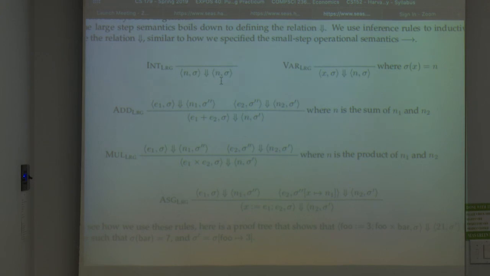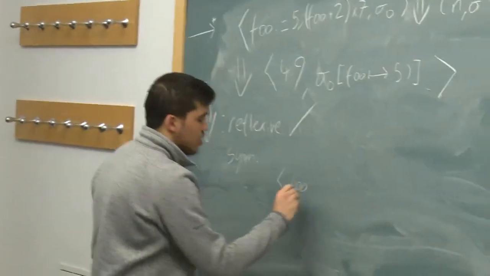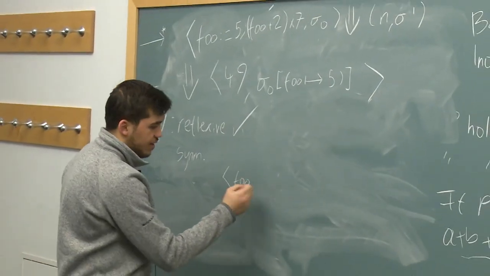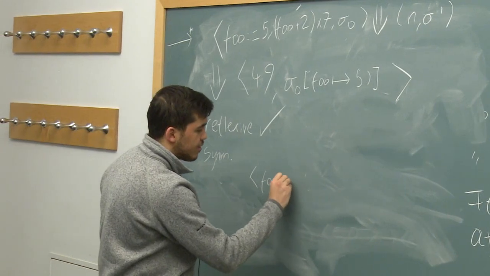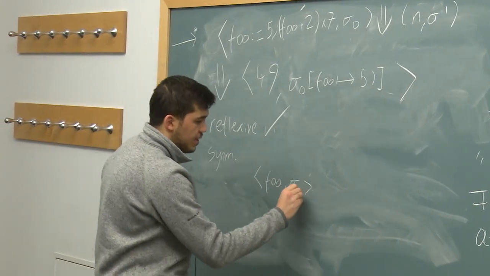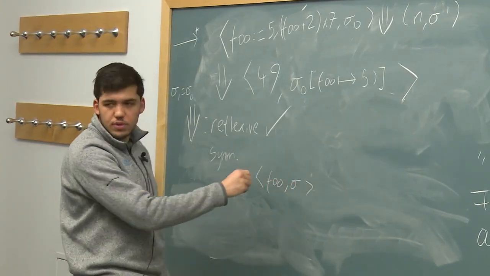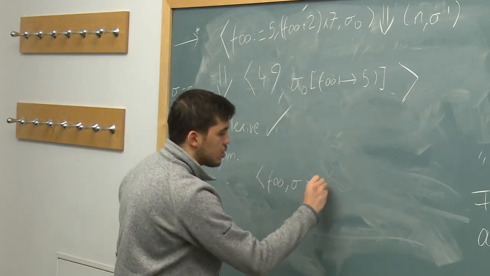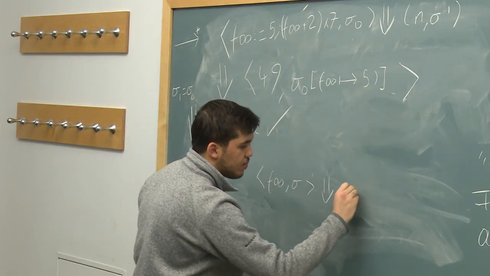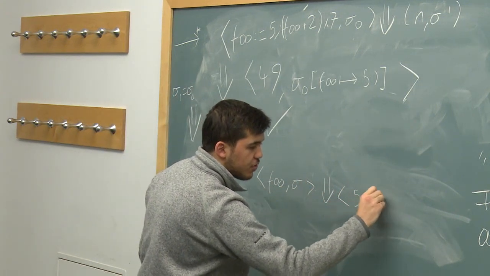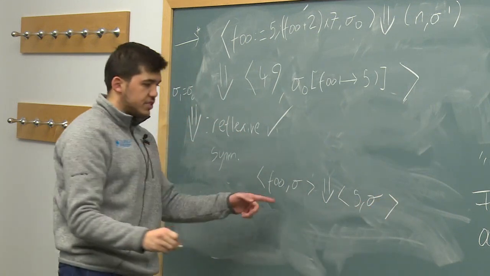So how would you do this? Let's say foo, just foo and then sigma. And let's say that sigma has the value foo is equal to 5. So this is perfectly legit what I've done right here. It's perfectly allowable, you're just substituting it.